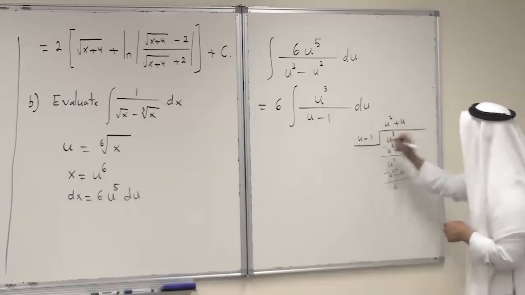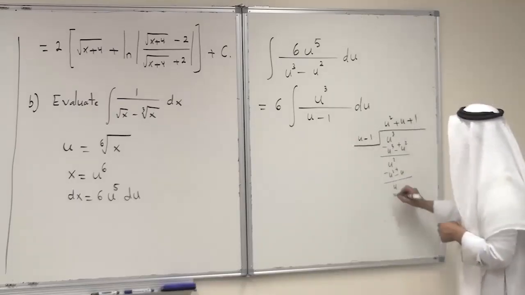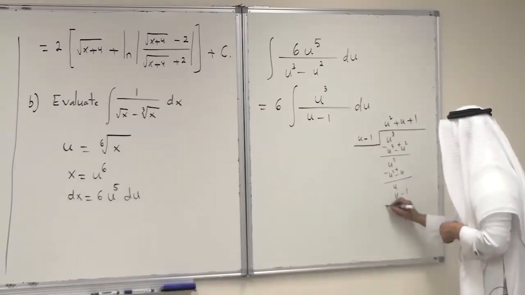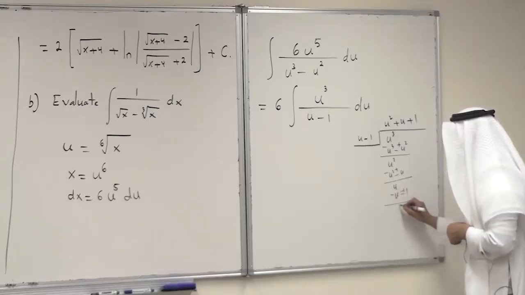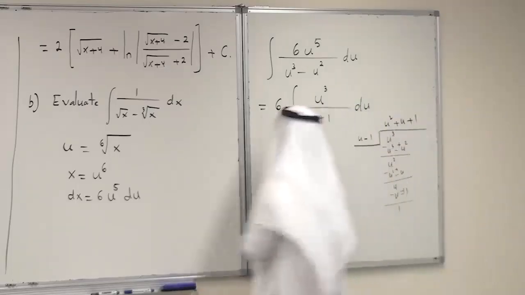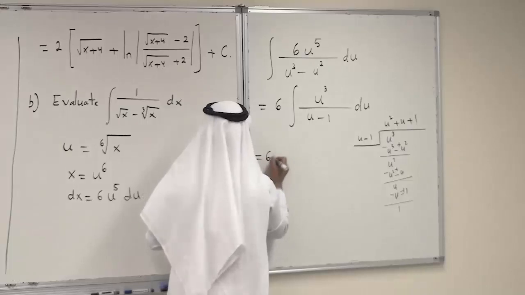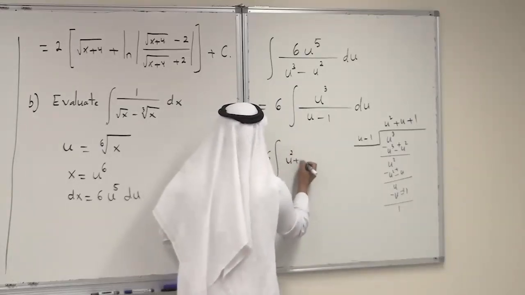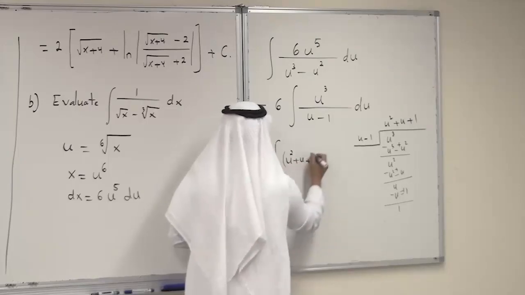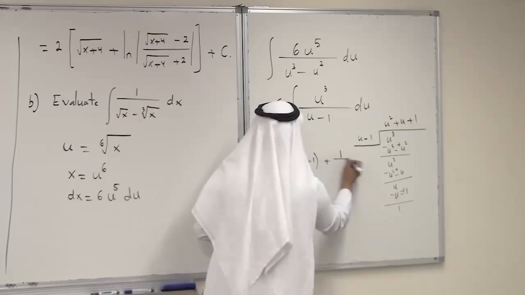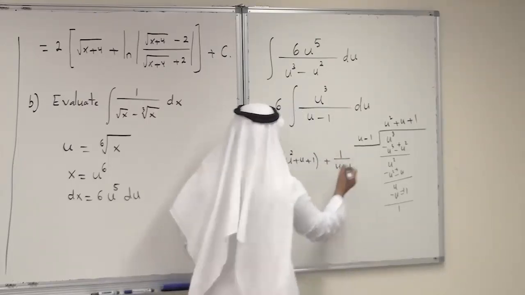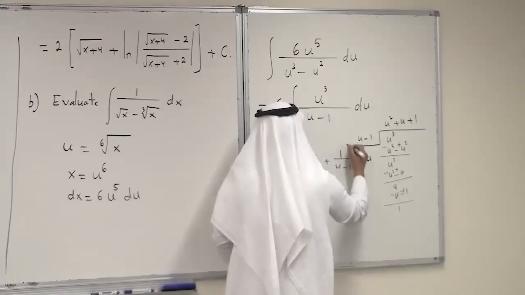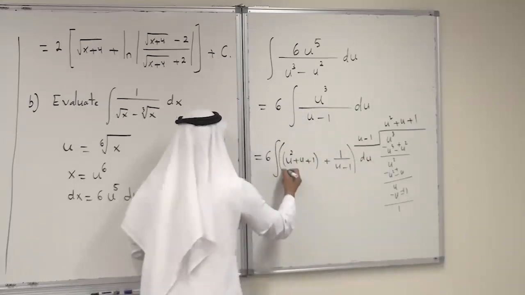Again, you can divide, so this is plus 1. 1 times u minus 1 is u minus 1. Adding, we have 1. So you can rewrite the integrand as 6 times the integral of the quotient u squared plus u plus 1, plus the remainder 1 over the divisor u minus 1, integrated with respect to u.